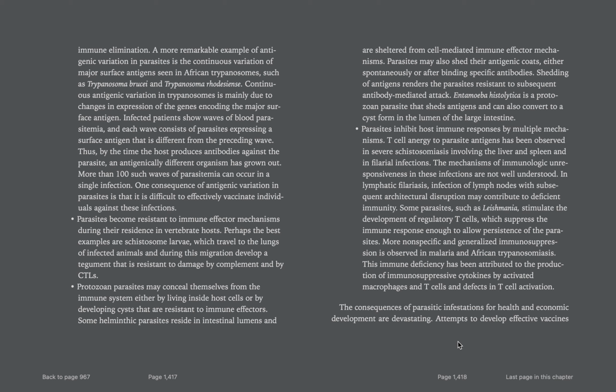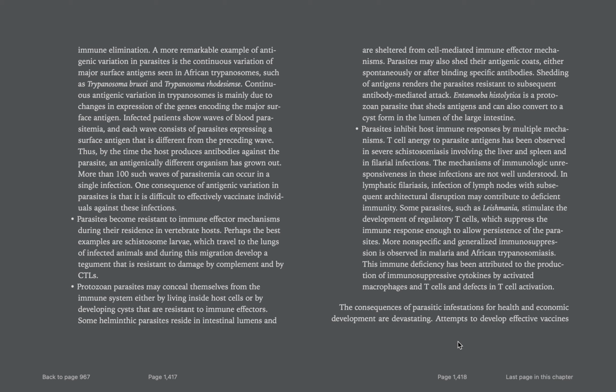Perhaps the best example is schistosome larvae, which travel to the lungs of the infected animal and during this migration develop a tegument that resists damage by complement and by CTLs. Protozoan parasites may conceal themselves from the immune system either by living inside host cells or by developing cysts that are resistant to immune effectors.